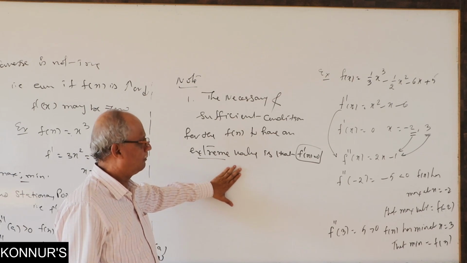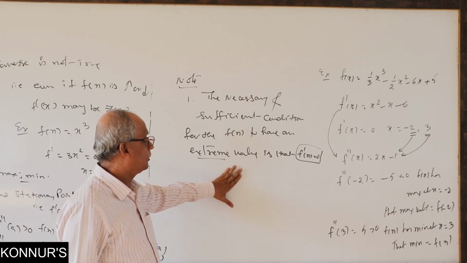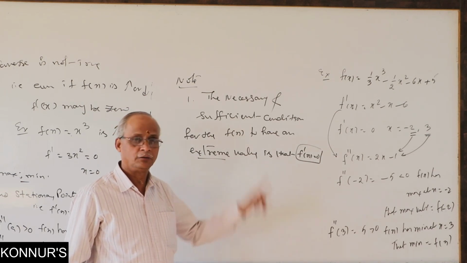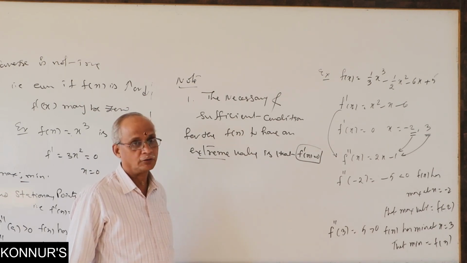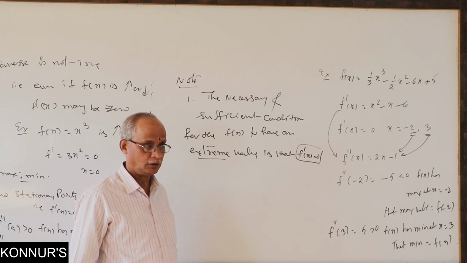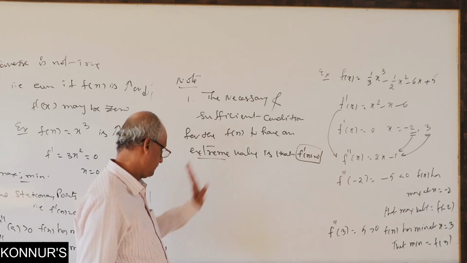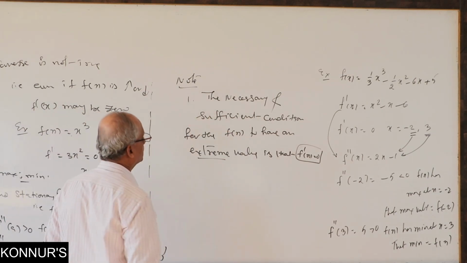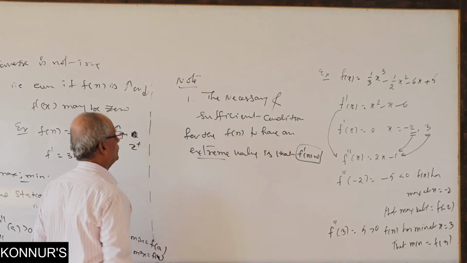Yes, there is a concept that even though f dash x is not equal to 0, we can calculate minimum and maximum values. Don't ask about that now. This is our first level concept. Compulsory, f dash x must be 0.